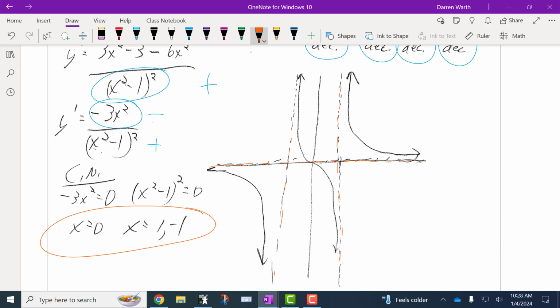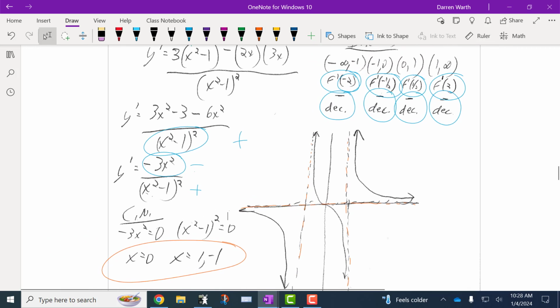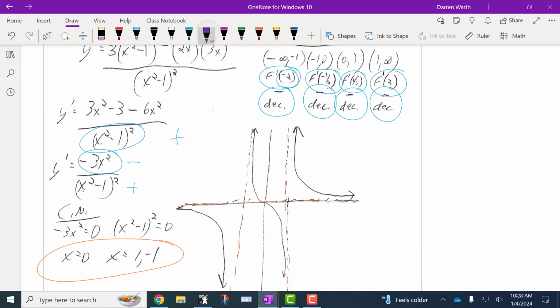Notice every single interval was decreasing, so that means it's always going down. That's the shape it looks like. This one is going down, so that's that x cubed shape in the middle going down, and then this one is also going down. And so that's what your graph will look like on number 8.